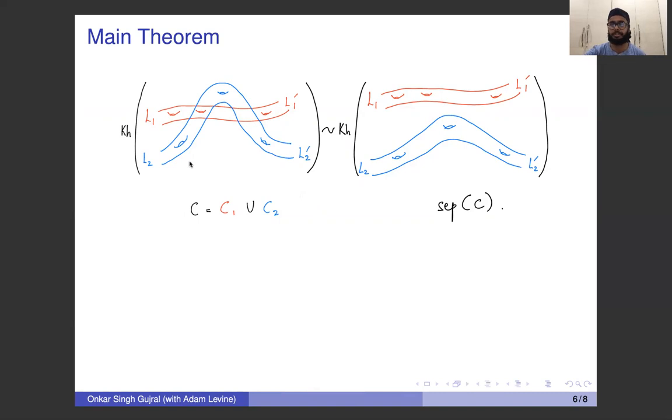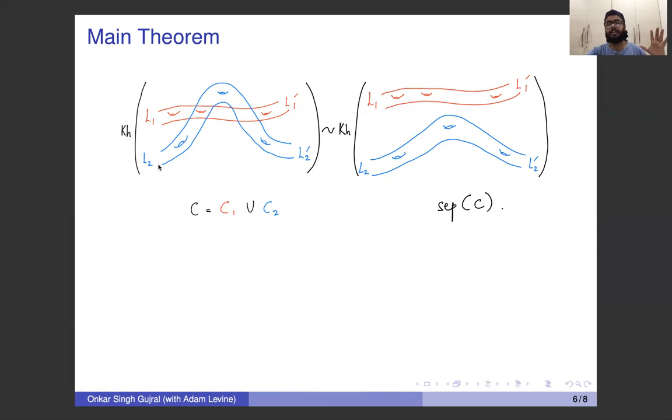This is a picture we saw a couple slides ago in which you have a red component that travels from a red link L1 to a red link L1 prime, and you have a blue component of the cobordism that travels from the blue link L2 to the blue link L2 prime. And we note that L1 and L2 are split on the left side.